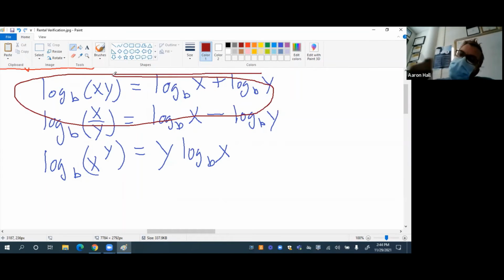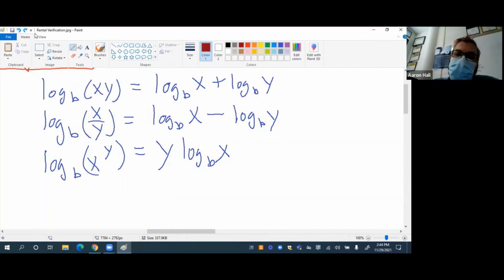Because logarithms are the inverse of exponentials, maybe it's not so surprising that the first one has a feel of this idea when we have b to the power of x times b to the power of y. We rewrite this as b to the power of x plus y. That's the same kind of feel. We're multiplying.